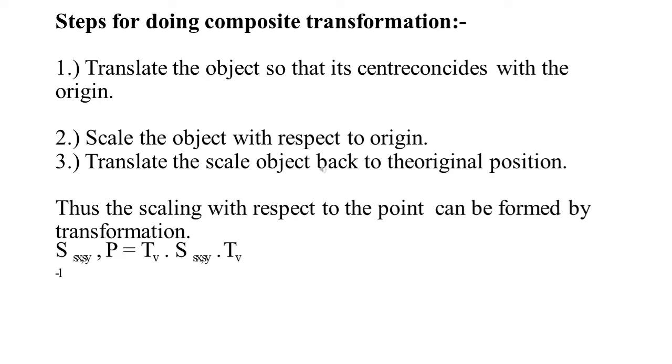The steps for doing a composite transformation: the ordering sequence of the transformations must not be changed. If a matrix is represented in column form, then the composite transformation is performed by multiplying the matrices in order from right to left. The output obtained from the previous matrix is multiplied with the newly coming matrix.